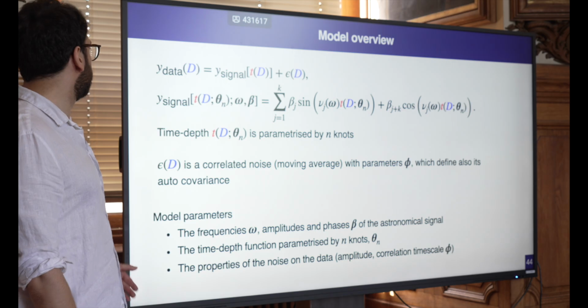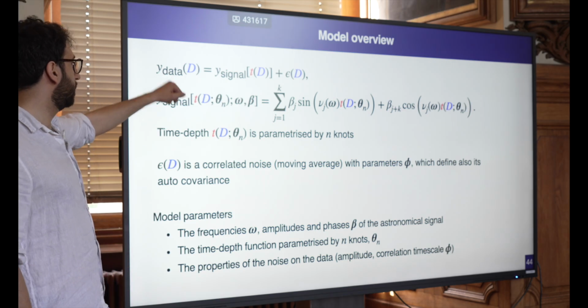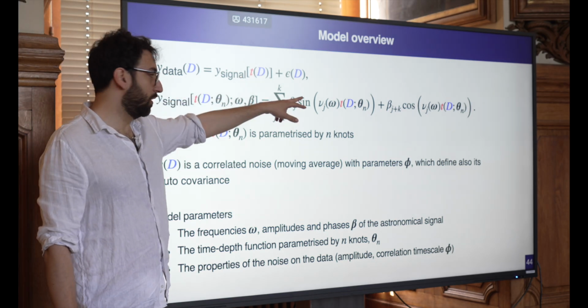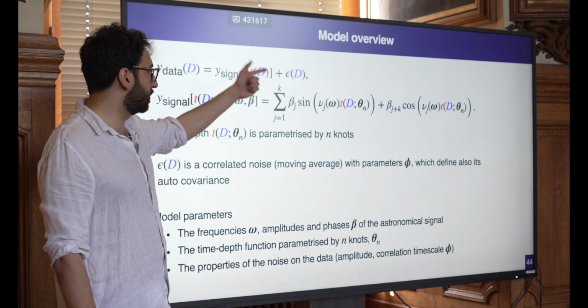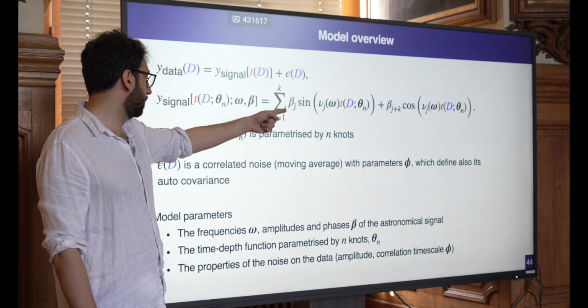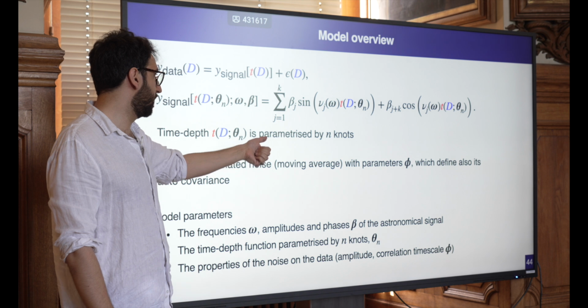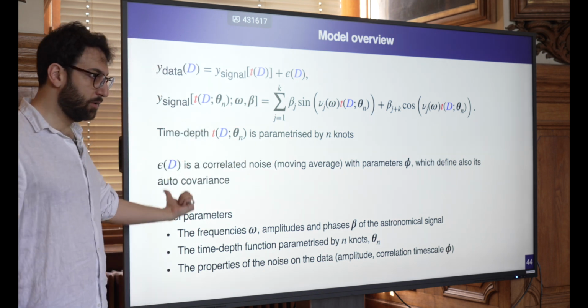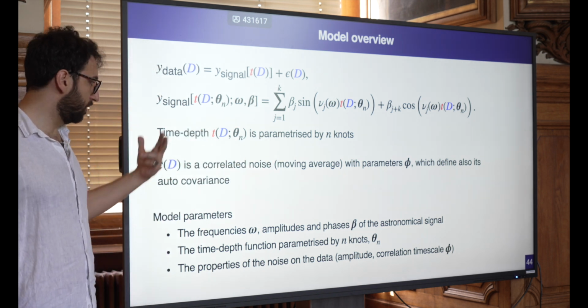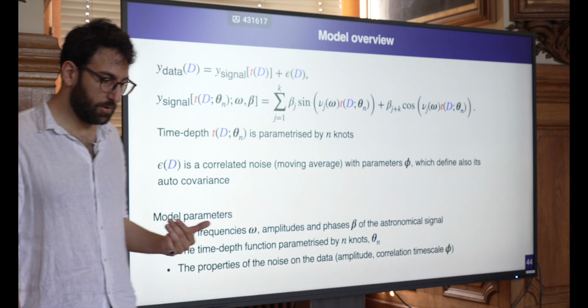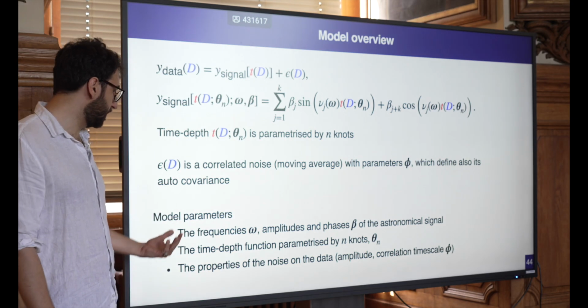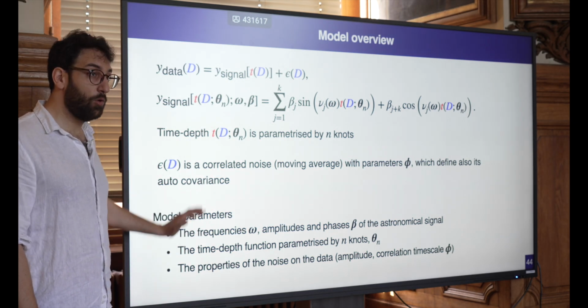Model overview. The data is a sum of the signal plus the noise. The signal is the astronomical forcing. It's a sum of periodic terms as a function of time. The time-depth function is parametrized by n knots. The noise is an autocorrelated, autoregressive process. And we have all the parameters we need.